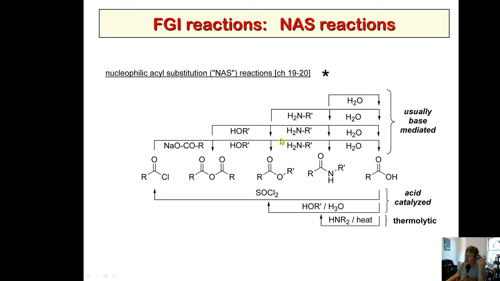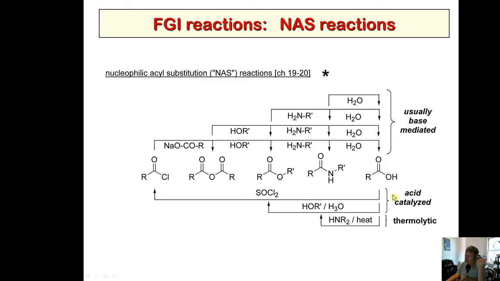Anyway, you can see how this is pretty easy to visualize, and as we go from left to right, the reactivity decreases a bit, all the way down to esters and amides, which can be converted back to carboxylic acid. Also the ester can be converted to an amide using the amine, and sometimes you have to add a little bit of base or acid to get these to go. But these are called base mediated NAS reactions.